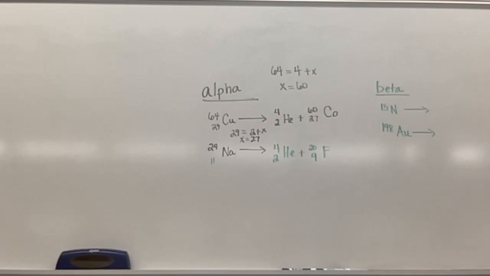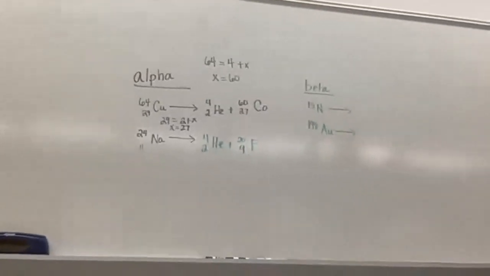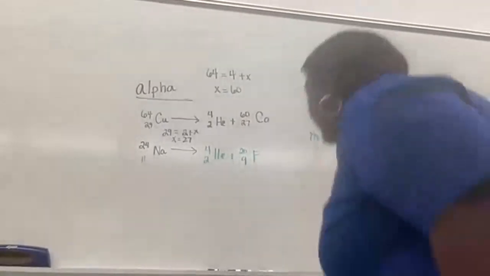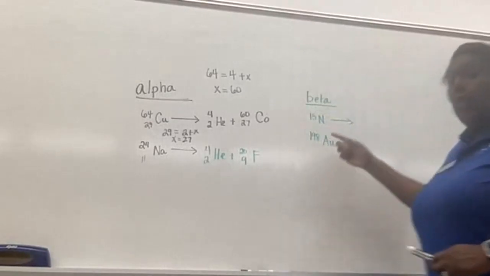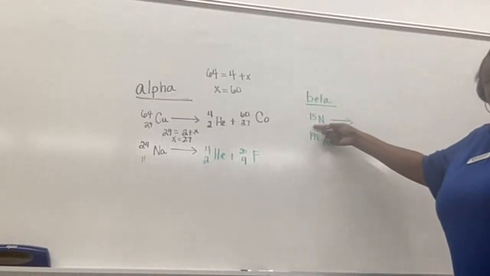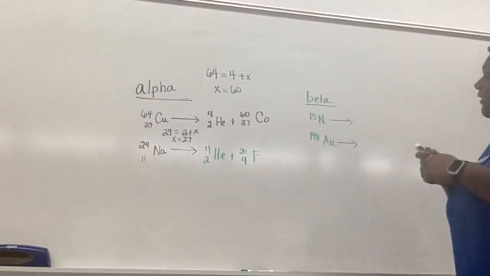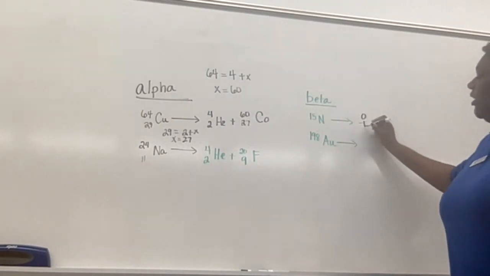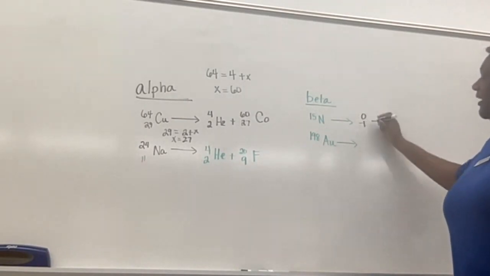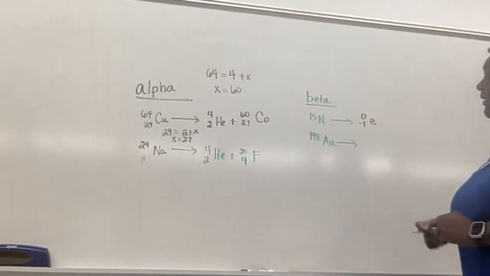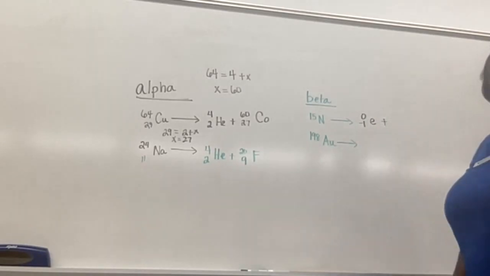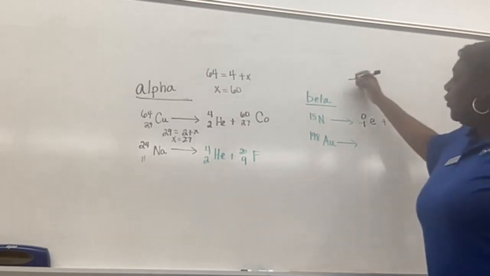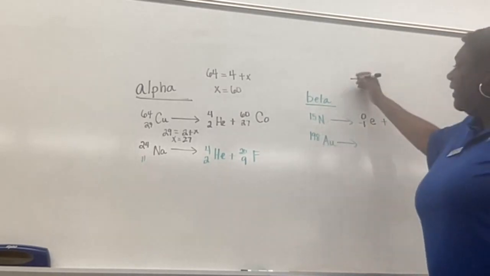In a beta reaction, notice that your mass is not changed. So we know if it says beta, that whatever we start with, we're going to produce a beta particle, and the symbol we're going to use is 0 over negative 1 e. And we've got to figure out what the new radioisotope is.